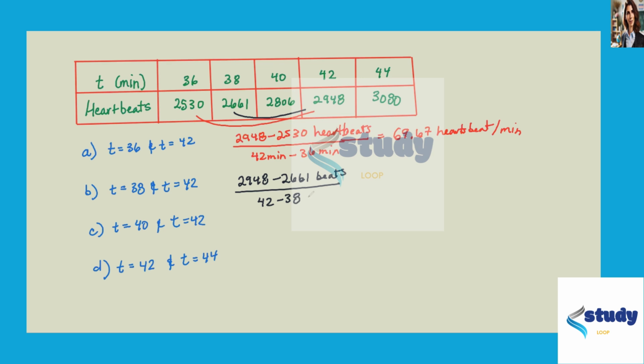So that's in minutes. Okay, so if we plug in our calculator, we get 2948 minus 2661, divided by 4 minutes. And that gives us a heartbeat rate average between those two periods of 71.75, and I'll just write as beats per minute.